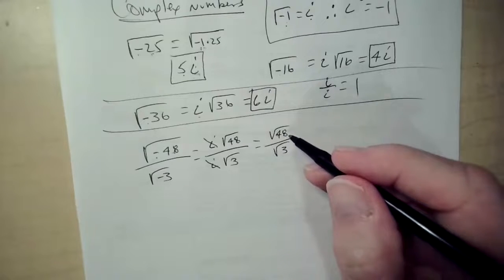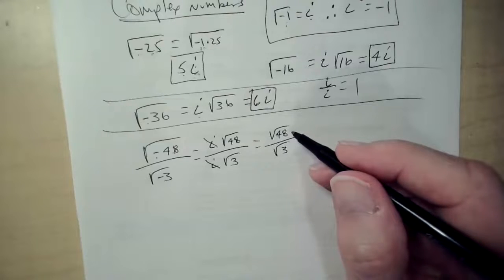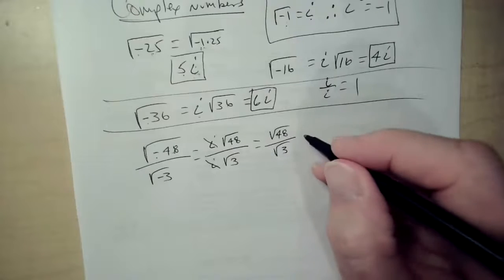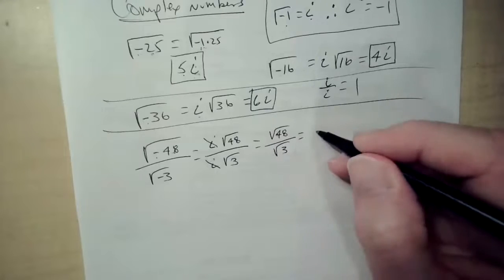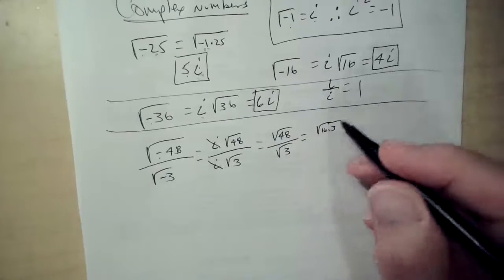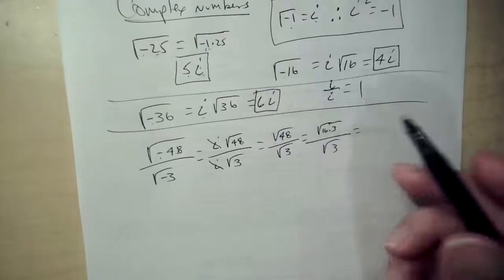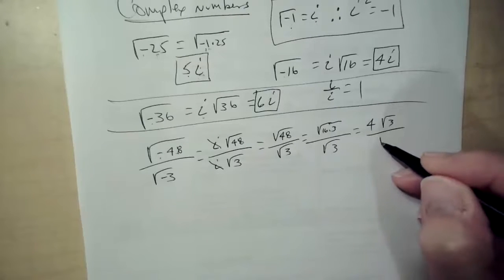So we have the square root of 48 over the square root of 3. 16. And we could actually do the square root of 16 times 3 over the square root of 3.